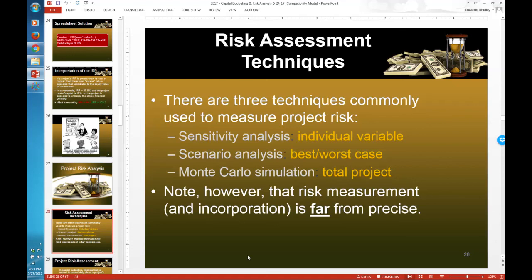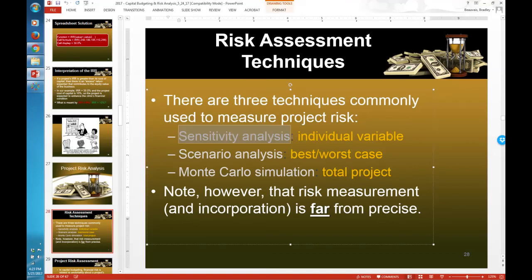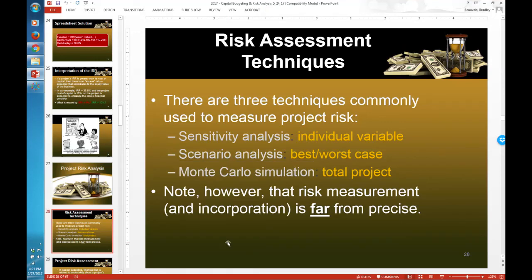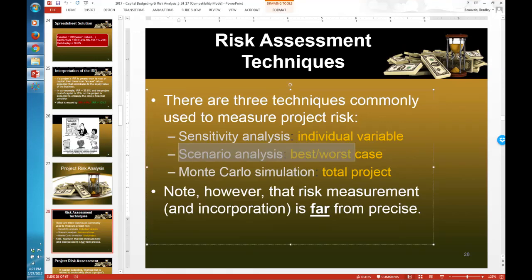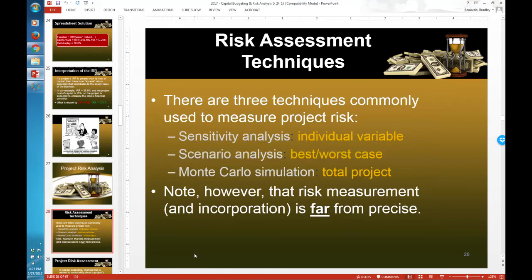So with this in mind, introducing basically three different risk assessment techniques, and I'll be the first to tell you I use two of them pretty extensively, the sensitivity analysis being one, and the Monte Carlo analysis being the more robust sort of process. I generally do not use the scenario analysis, and I'll explain why I don't for my own practical purposes here in a second.